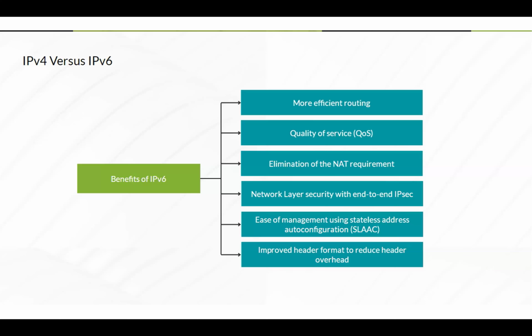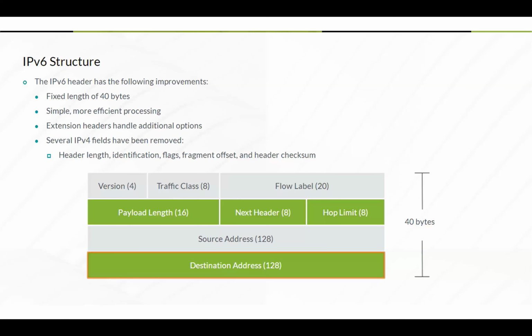So in the next couple of slides, we can see the difference between the IPv4 header and the IPv6 header. So see this one, the IPv6 header structure. Okay, so total is 40 bytes. And see here, the IPv6 header has the following improvements. Fixed length 40 bytes. The IPv6 header is a fixed length 40 byte header.